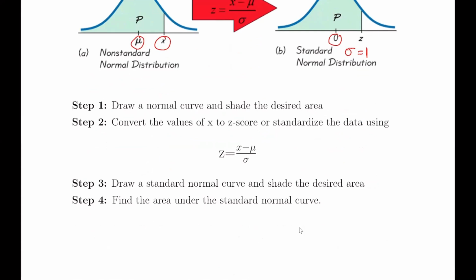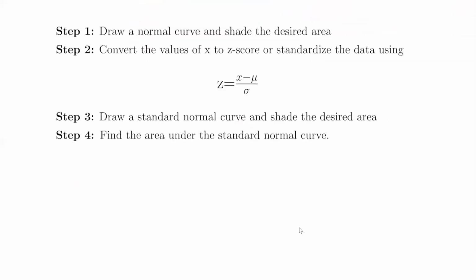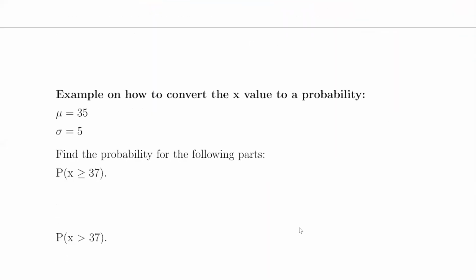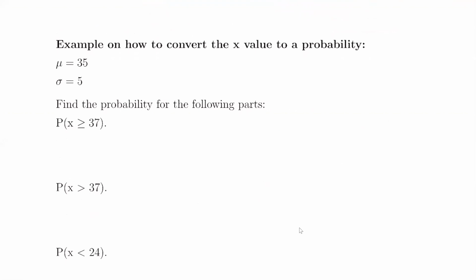So we're going to do step 1, step 2, and then skip to step 4. This is just preparing us for when we don't know the z value, how to convert any x value to a z value, and then find the area using that z value. So let's go ahead and do this next example.